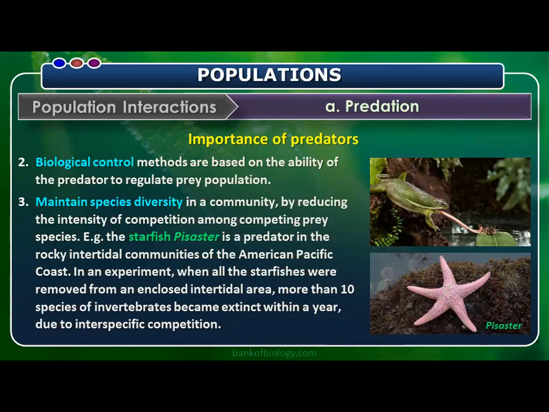In the first statement we said that if there is no predator, the prey population will increase greatly. Now we are saying that if there is no predator, prey will fight among themselves and become extinct. Here is another example to show Pisaster is a predator: by the removal of the predator Pisaster, 10 prey species became extinct within a year.